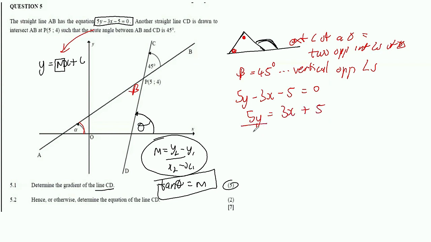And then if we divide throughout by 5, then y = (3/5)x + 1, right? Now at this point, that's where we can say that the coefficient of x here is the gradient. So therefore, the gradient of line AB needs to be equal to 3/5, right?